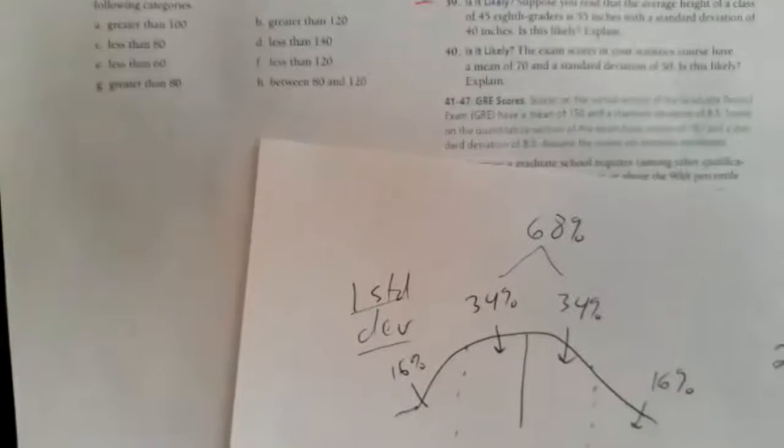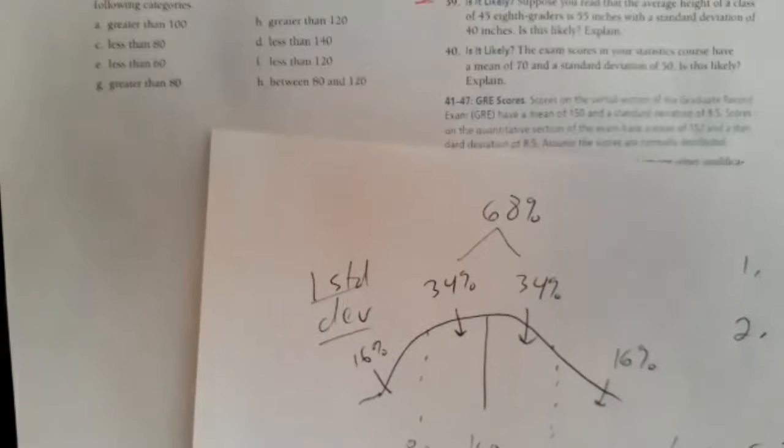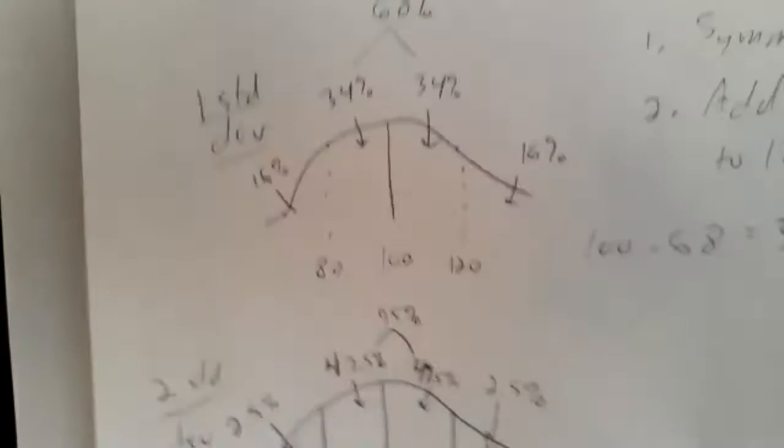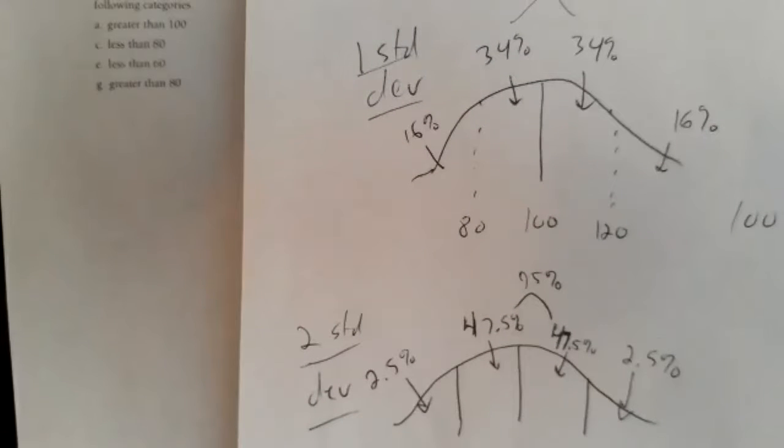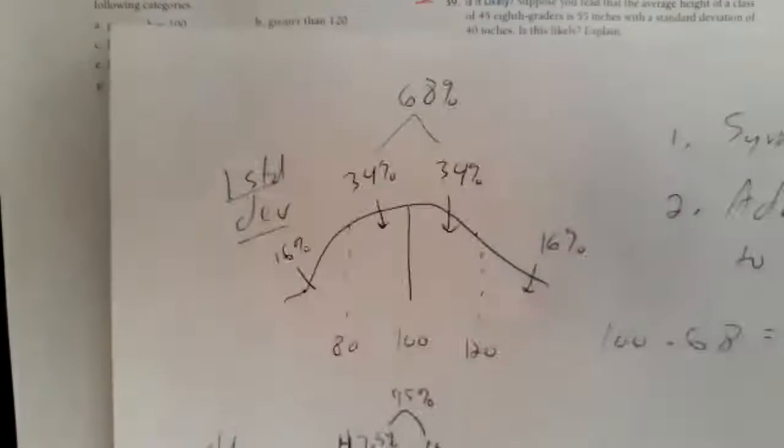And then later, I asked you to do F, G, and H. I made you do all these problems. First one is less than 120. Oh, I didn't mean to put those together. 80 and 120. Oh, they are all the same graph, though.